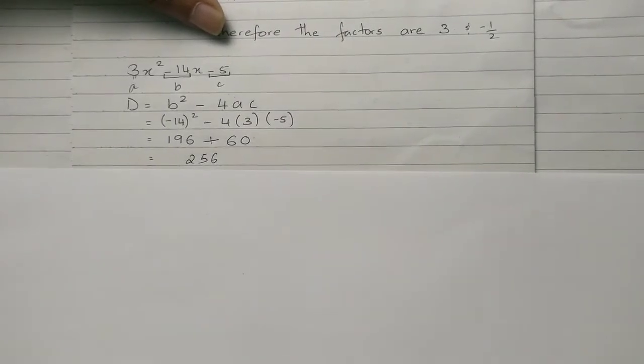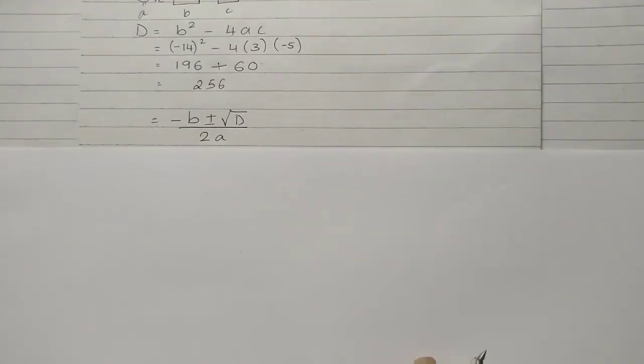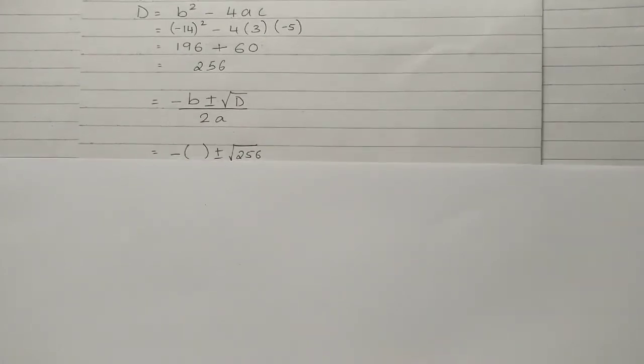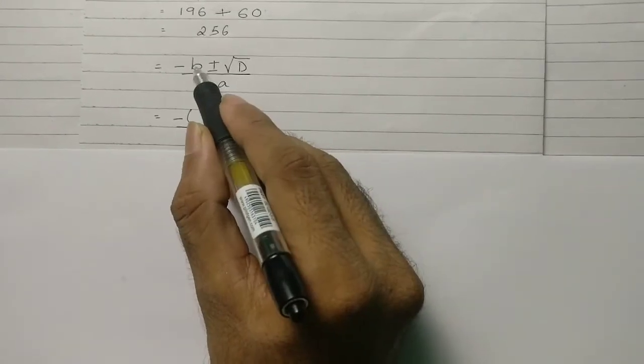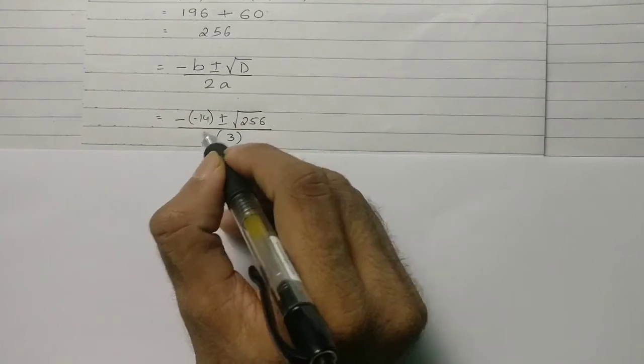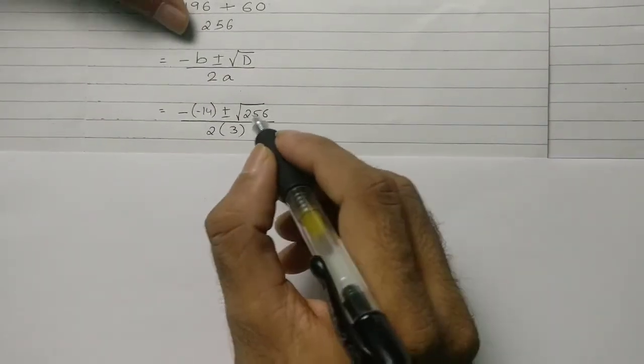Then I will go back to the next formula, which is minus B plus or minus root D upon 2A. Substitute the values, and this would become, B is minus 14, so I'll write minus 14 over here. Rest everything is the same. So let me solve this.